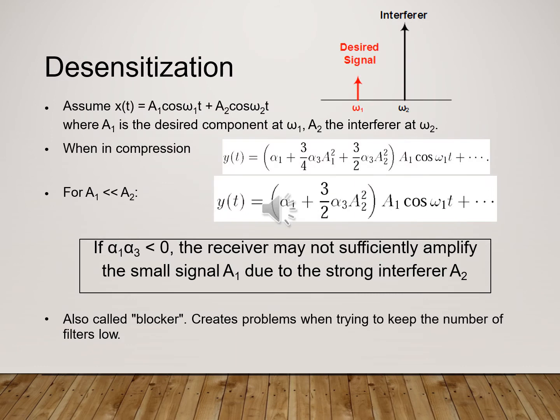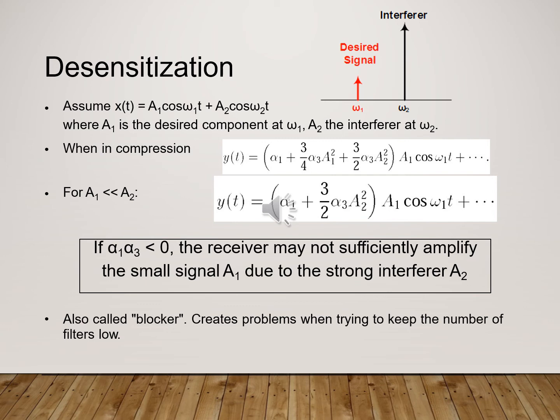To think about the problem mathematically, assume we have an input x of t equal to A1 cosine omega 1 t plus A2 cosine omega 2 t, where A2 is much larger than A1, and A1 is the desired component and A2 is the interference at omega 2.